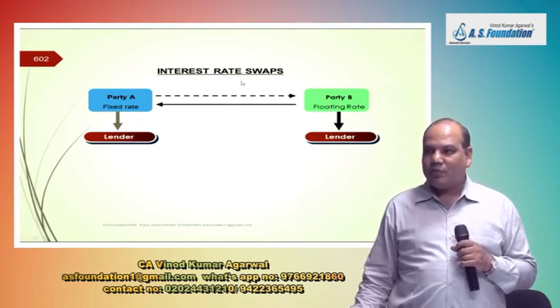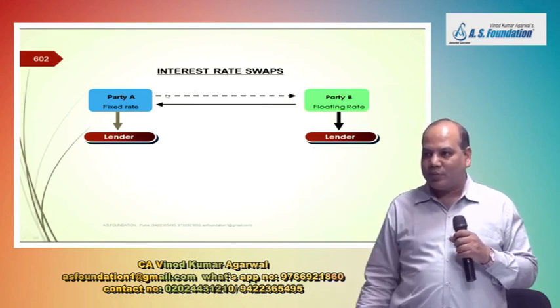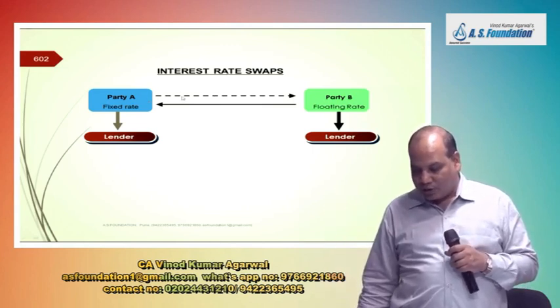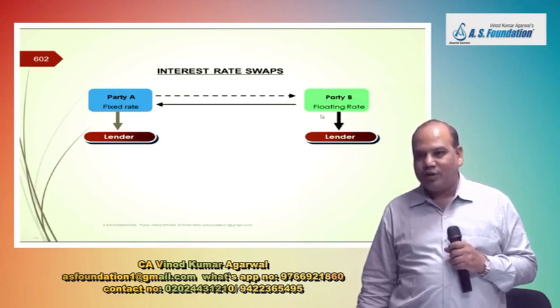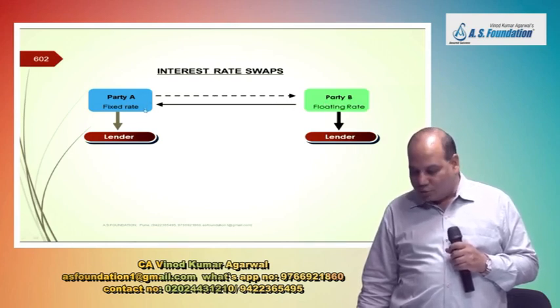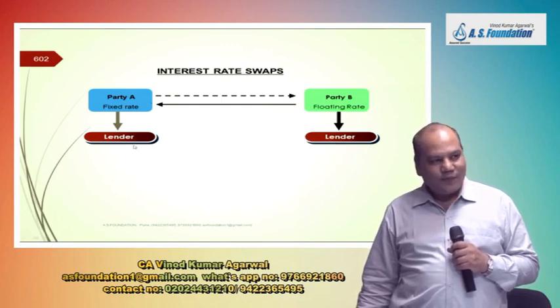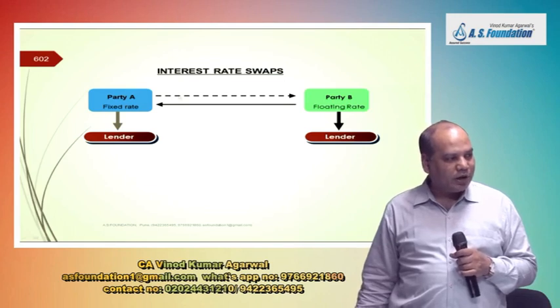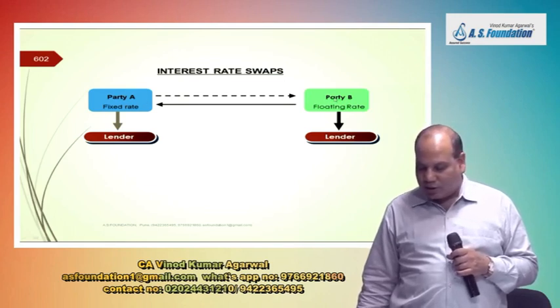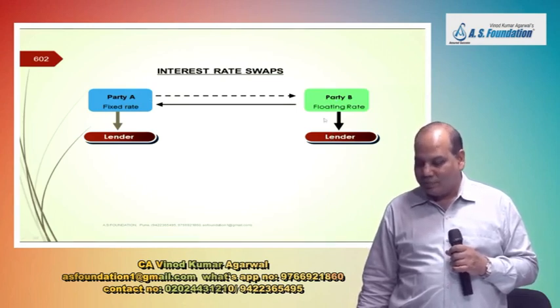Suppose the principal amount is same for both parties, 100 crore rupees. So what will party A do? It will go to party B and say, party B, I will pay you your floating rate and you pay my fixed rate. So every period they will calculate the liability. Party A will pay to party B the floating rate, which B will pass on to their lender.